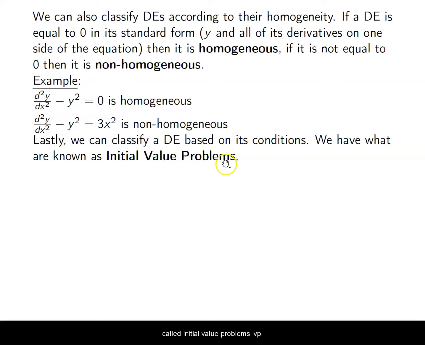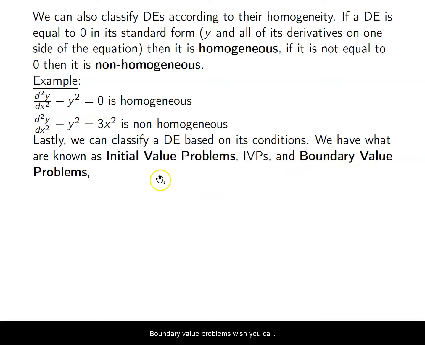We call initial value problems IVPs. An IVP is a DE that has some set of initial conditions. Boundary value problems, which we call BVPs, have conditions set on the outer boundaries of their DEs.